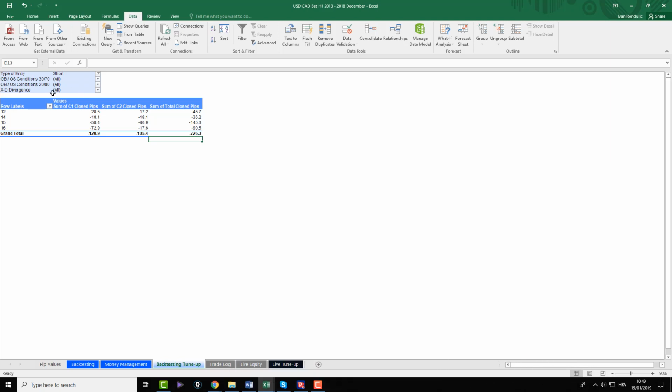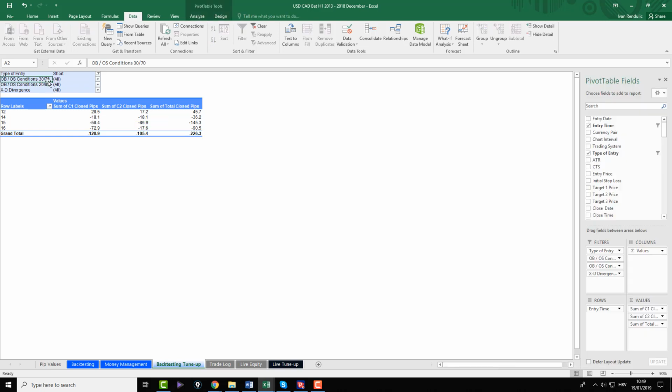That's why I look at overbought and oversold conditions based on RSI 30 and 70, and I have overbought and oversold conditions based on RSI 20 and 80. And then I have the MACD divergence and etc. More filters, but I found those that are mentioned here good enough.